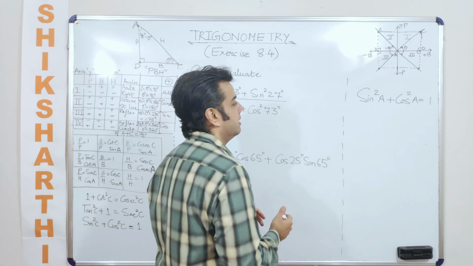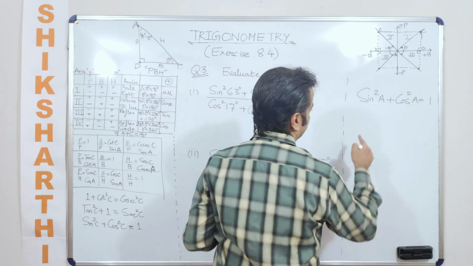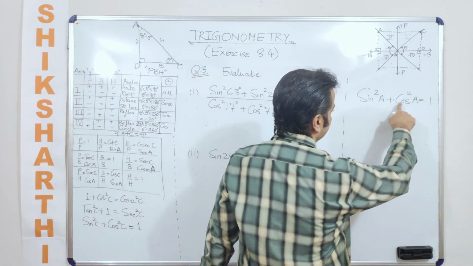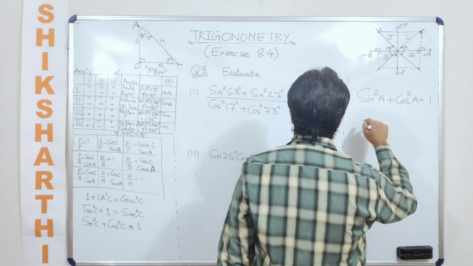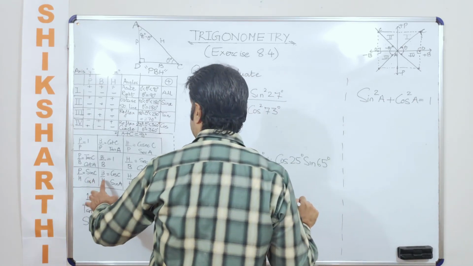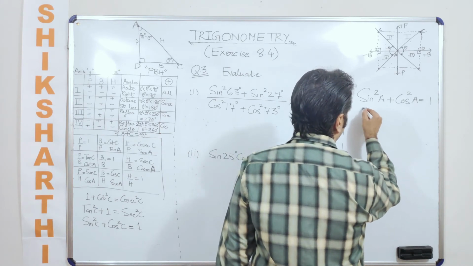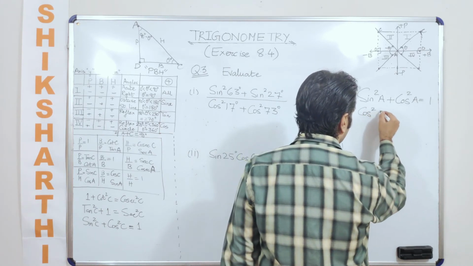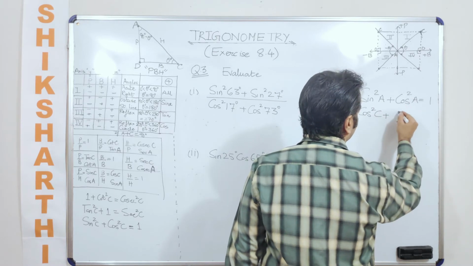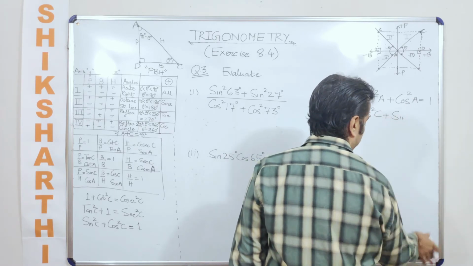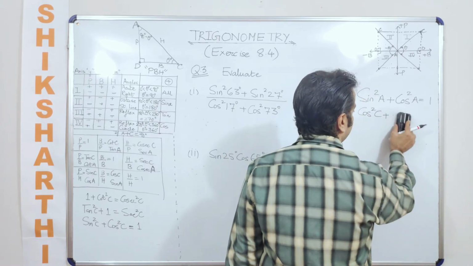Now what is the identity that we are going to use here? We know that sine square a plus cos square a is equal to 1, and at the same time we know that sine a can be written as cos c. So now, can I say this is nothing but cos square c plus sine square, keeping one of them as constant.